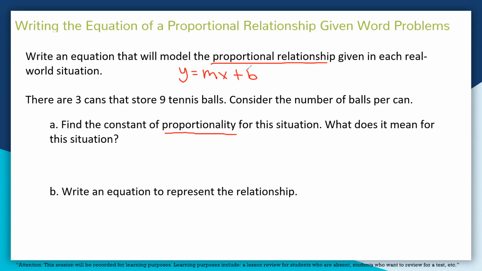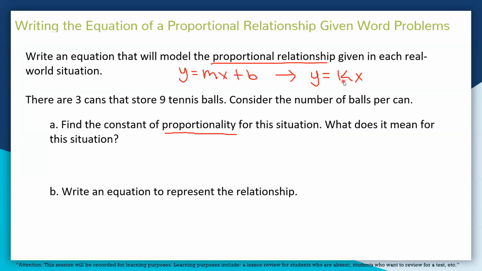So there's no extra charge or anything like that. Which is why typically when we talk about proportional relationships, we write it in this format because it is showing us that, hey, there's no b here because in order for it to be proportional, it has to start at the y-intercept of 0 for the origin.